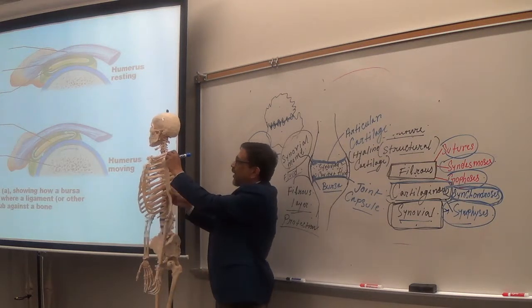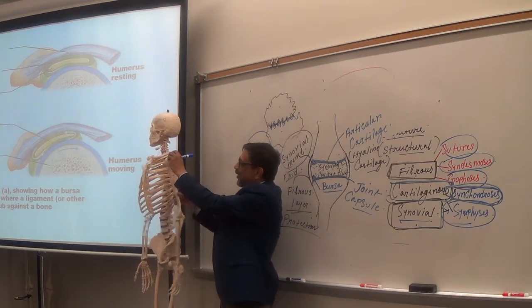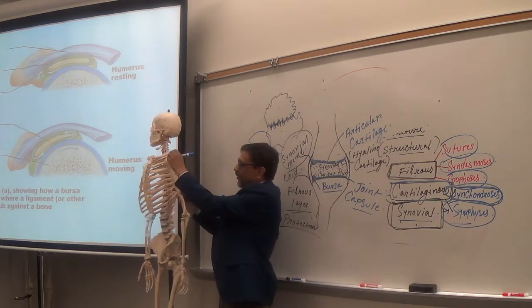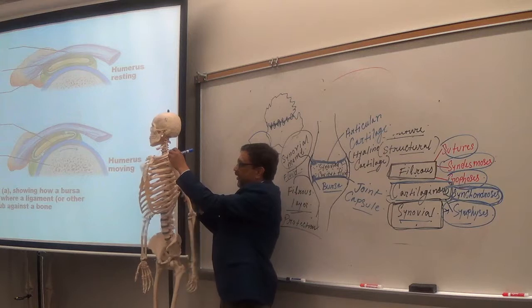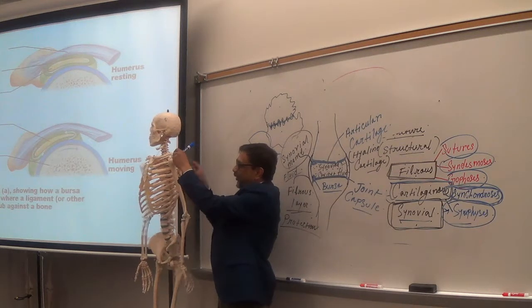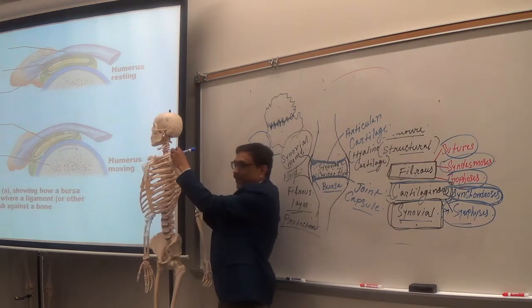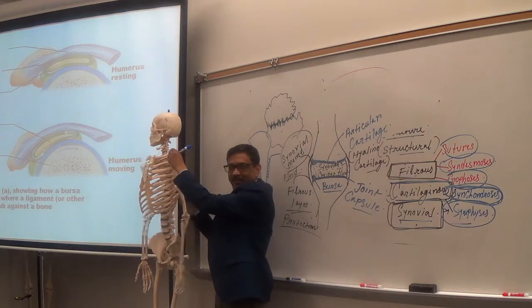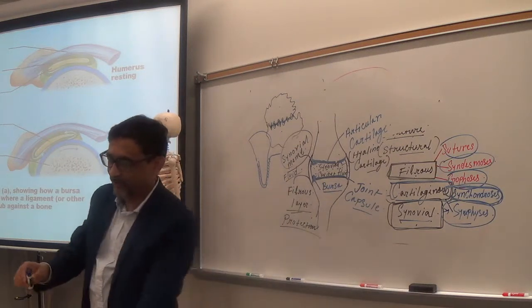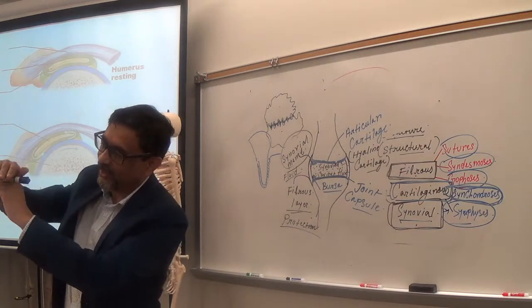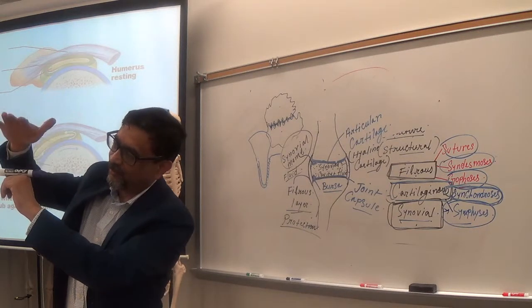Now, why do you have a bursa there? You see here, when you move your humerus, the shoulder joint, the subacromial bursa, which is between the acromion and the head of the humerus, will roll like this. Make sense? So this is one bone, this is the acromion.